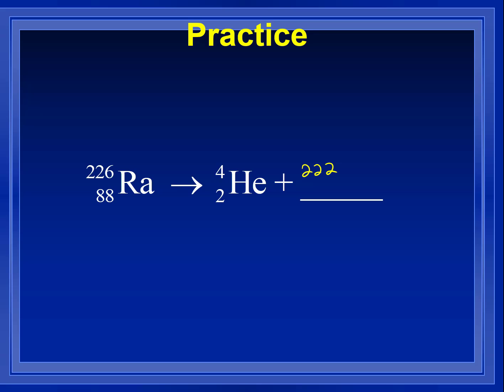Bottom number, what plus 2 equals 88? 86. And number 86 is radon. And what kind of decay is it? That's an alpha particle, right? So it's alpha decay.